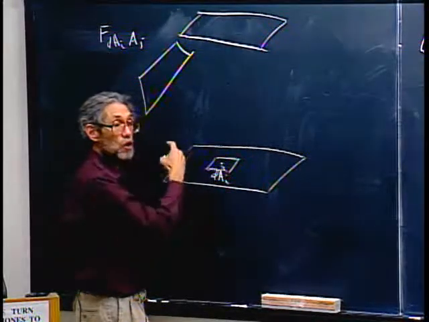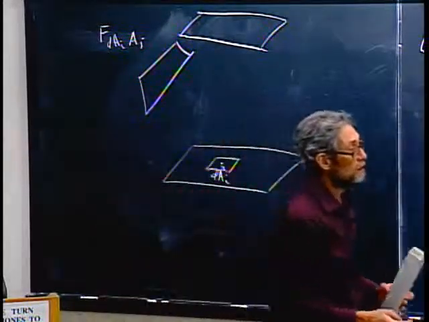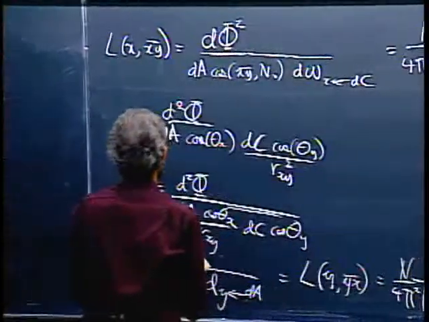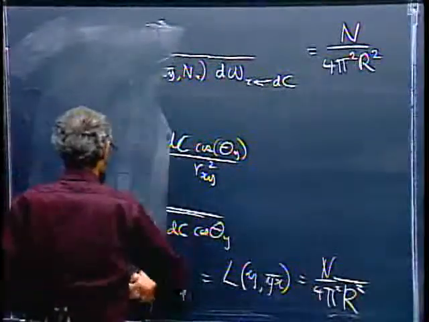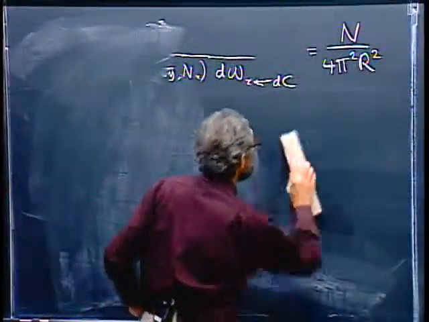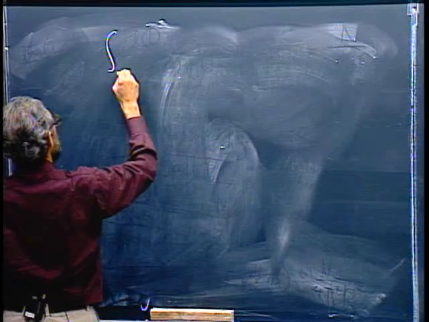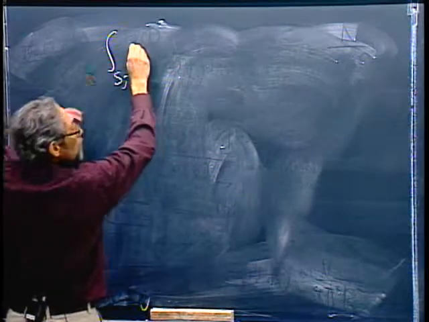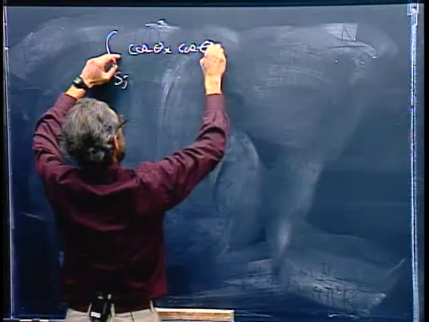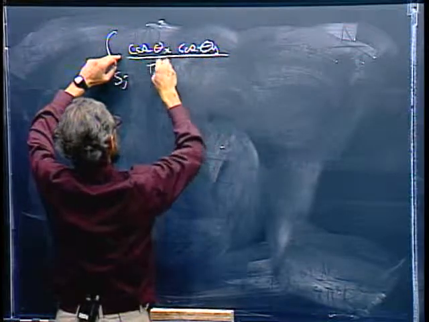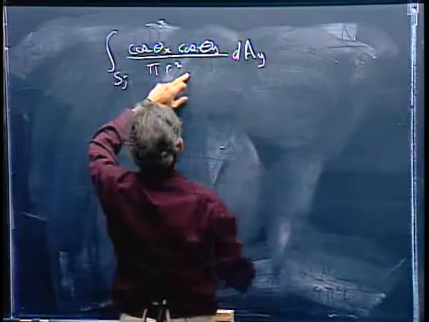And so we're going to compute the integral. So what this means, maybe I didn't prepare it in my notes, but what we're actually going to try and compute is the integral over all Sj of this product of cosine theta x cosine theta y over pi r squared dAy.